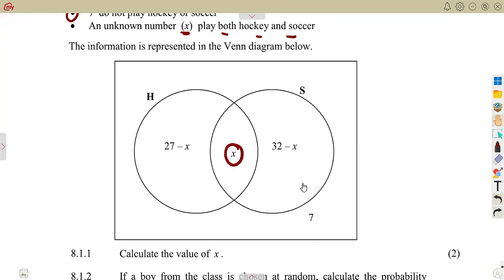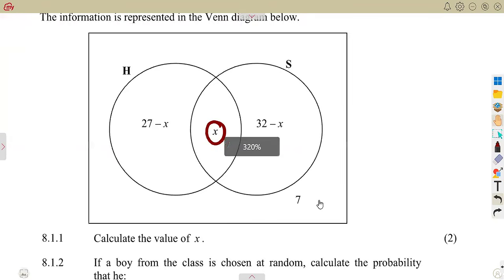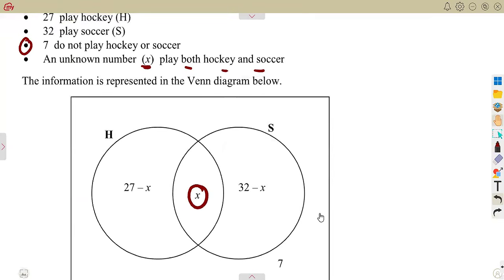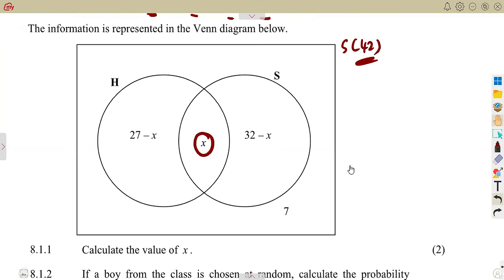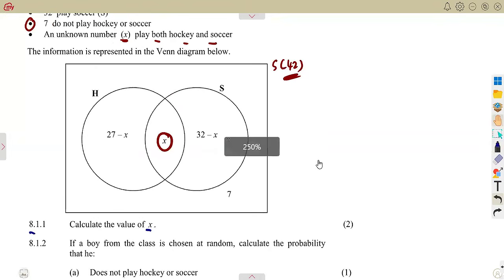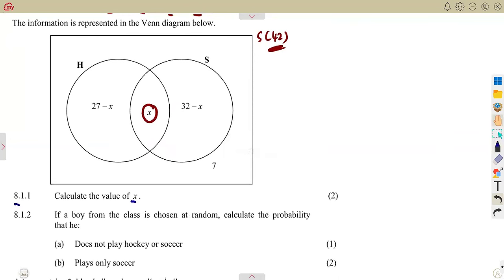I talked about this from the previous exam questions that we had before. And this being our sample space, having a total of 42 boys, all the number of boys that we have there, 42. So the question was on 8.11 to calculate the value of X. We can take advantage of this information because each and every section on our diagram must add up to 42.